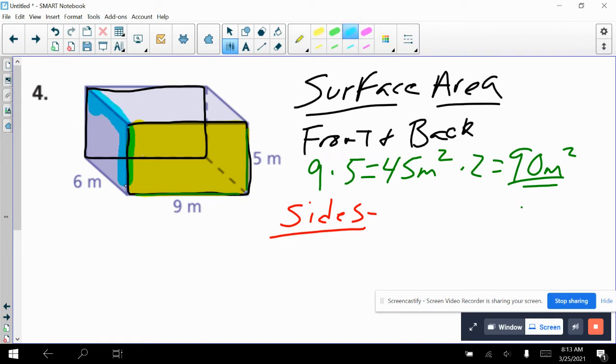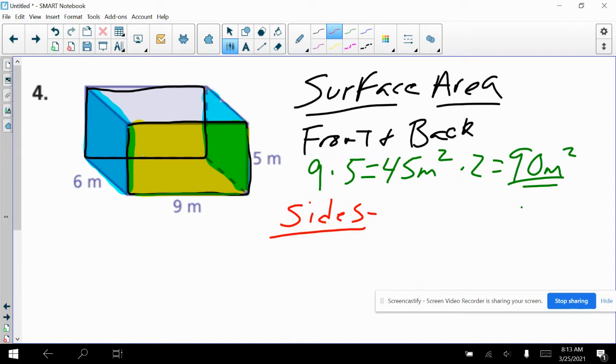All right, we're talking the sides of the object. What is the length and the width of the sides that we would multiply together here? Maddie?